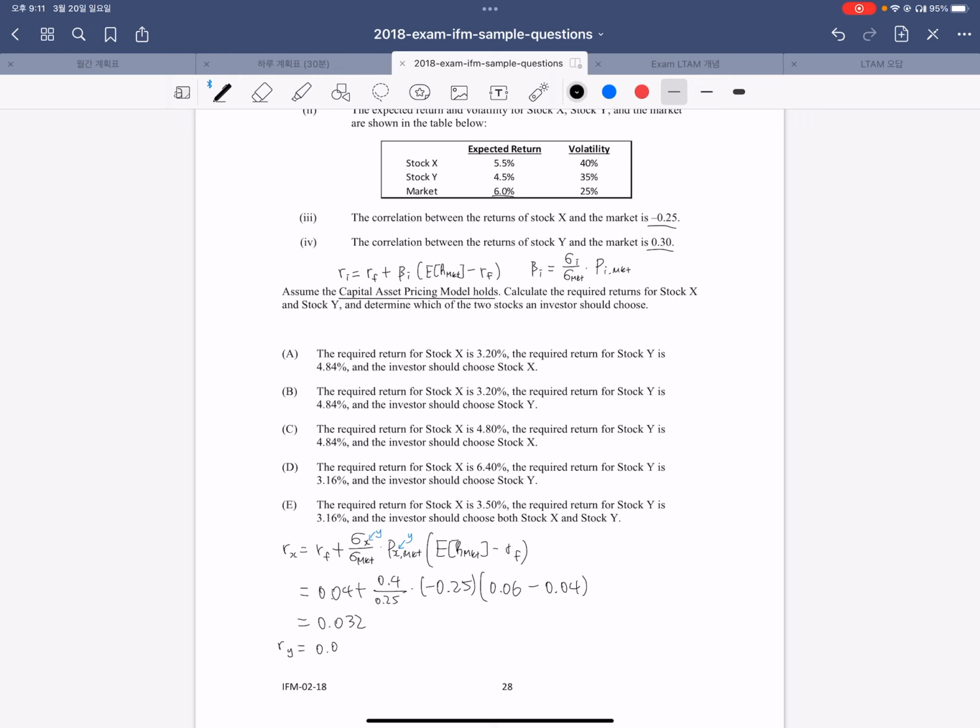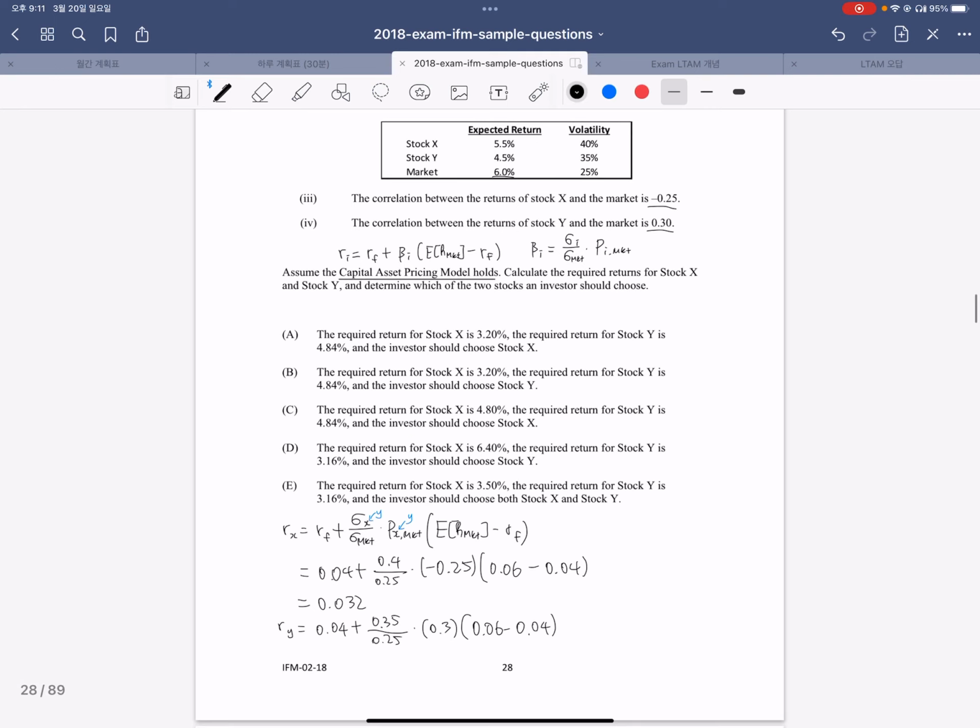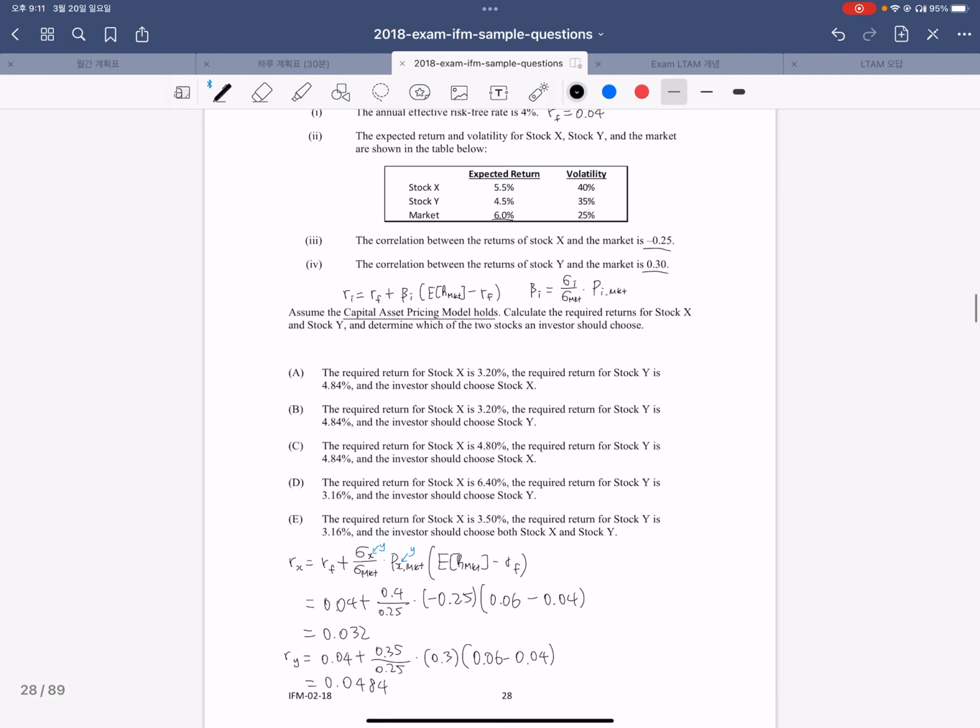So it would be 0.04 for the risk-free interest rate, and we're going to use the volatility of stock Y, which is 0.35, over the volatility of the market, which is 0.25, times the correlations, which is 0.3, and parentheses, we have the same values for expected return of market and the risk-free rate. So this would yield 0.0484.